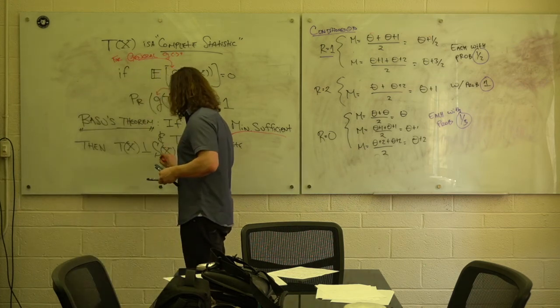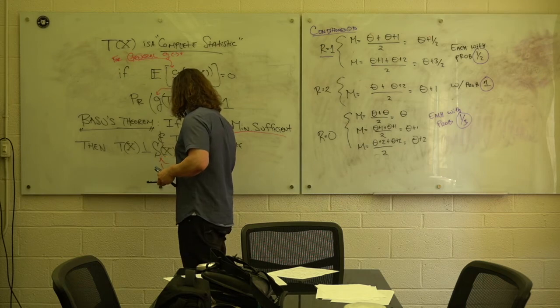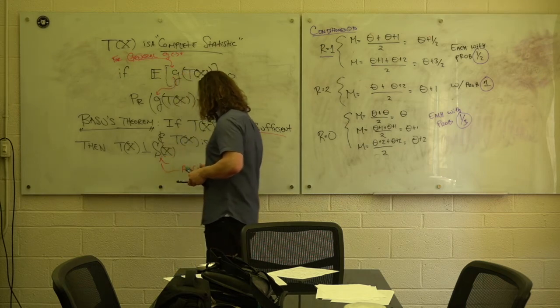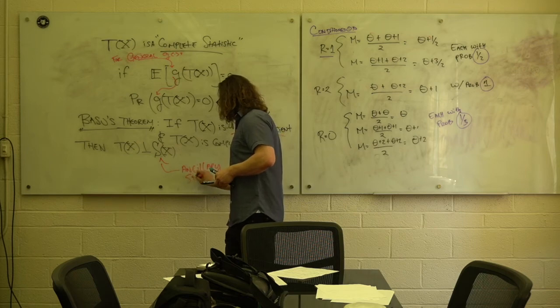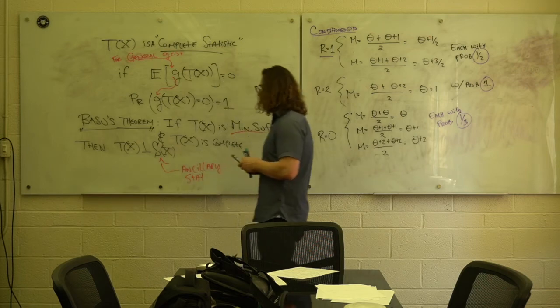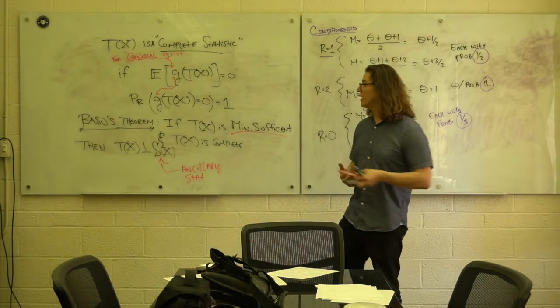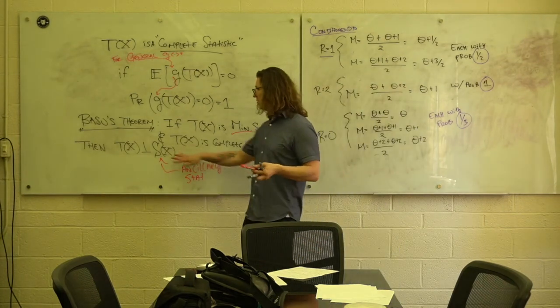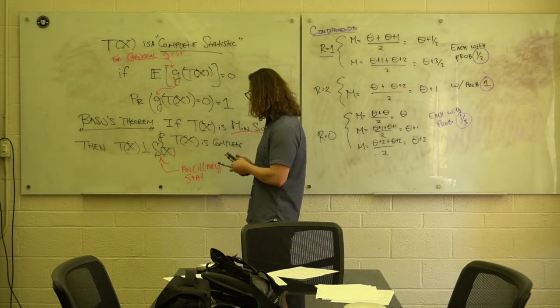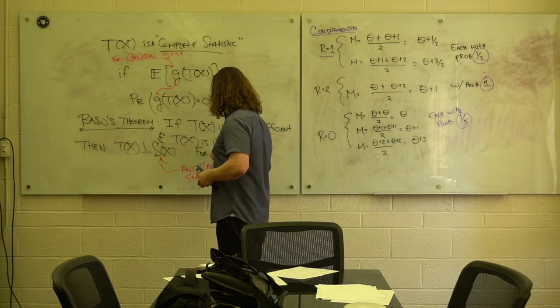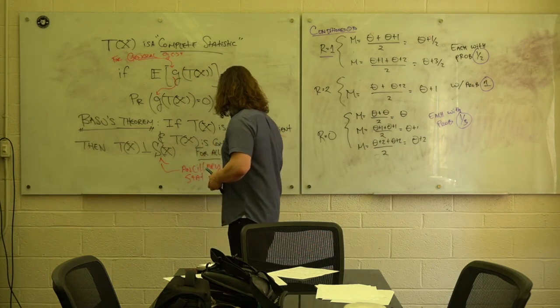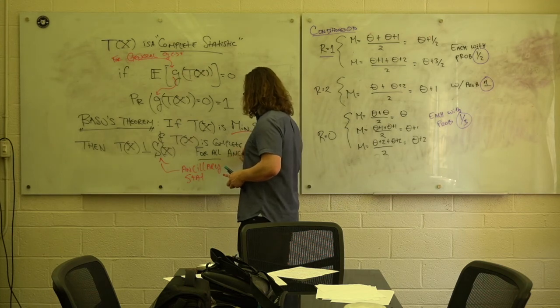So this is an ancillary statistic. And I'm going to say this is a very strong statement that it's not just any old ancillary statistic. This is going to be true for all ancillary stats.